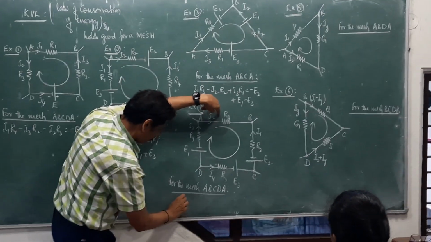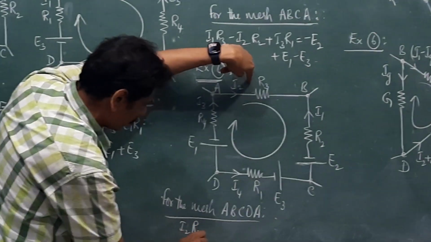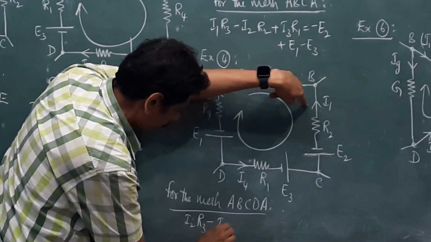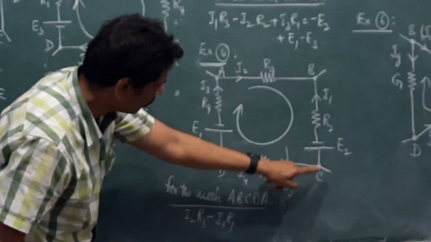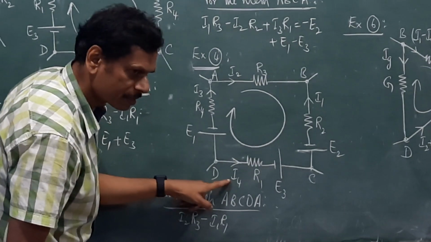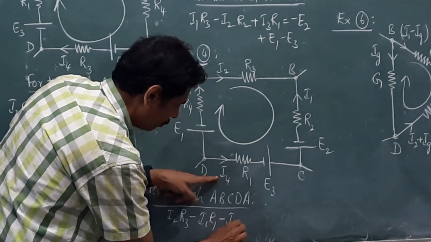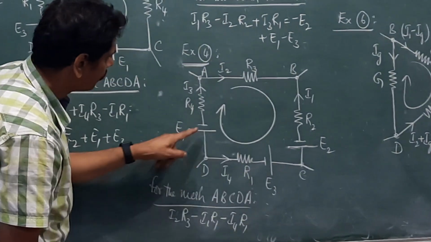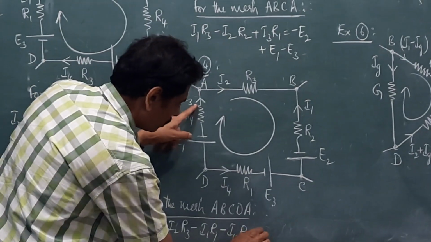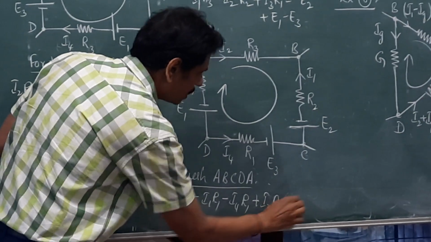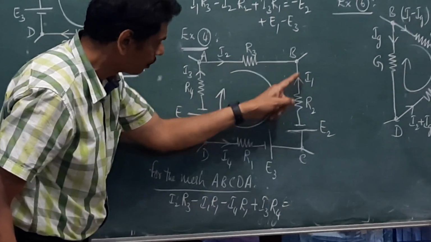I2 R3 positive, minus I1 R2. Coming to here, minus or plus? Minus I4 R1, and coming here, plus I3 R4 is equal to the EMF that I have to write.